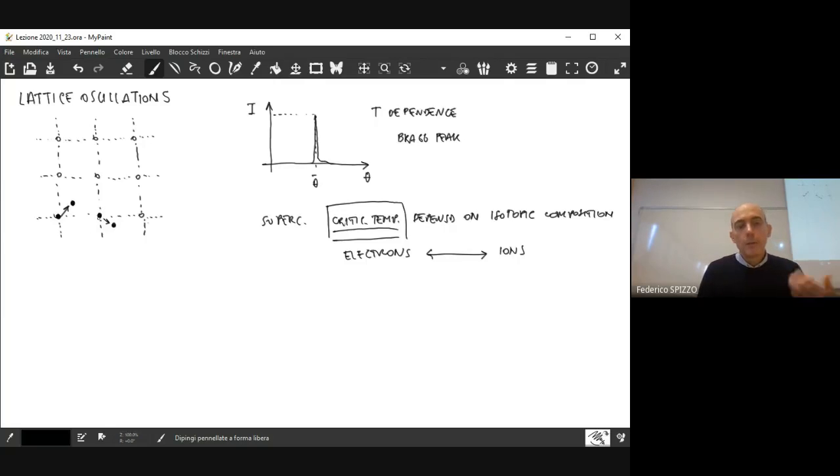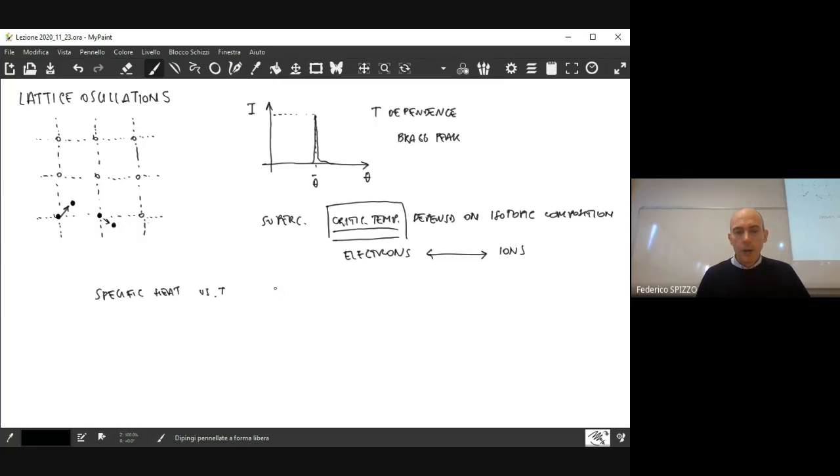And what we will try to see is what is the impact of that on the electron dynamics. I'm sorry, I was missing an important point that I forgot to mention. Another thing that we have not been able to discuss and explain is the dependence of the specific heat on temperature.